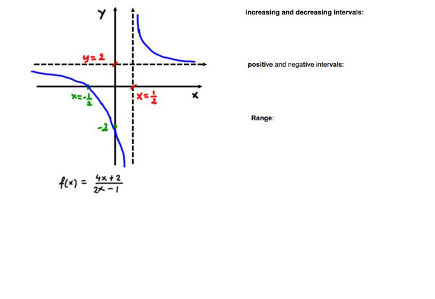And since we have only one x-intercept and one y-intercept, there's no way that the graph could behave otherwise. The horizontal asymptote, y is equal to 2, is the line that defines the end behavior of this graph. The vertical asymptote splits the graph into 2 parts, so there's a discontinuity at 1 over 2. The range of this function now consists of all real numbers except for 2, because the horizontal asymptote is not intersected.